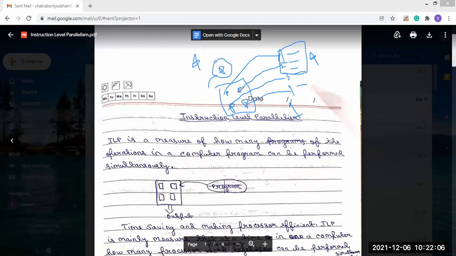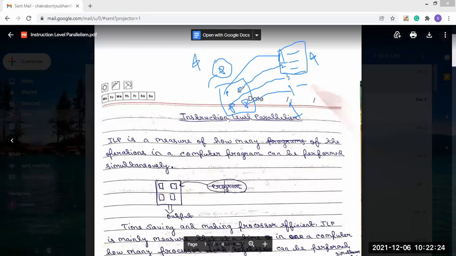Each processor is executing an instruction. So within 1 unit of time we are capable of executing these 4 instructions, because we have 4 processors in our system.